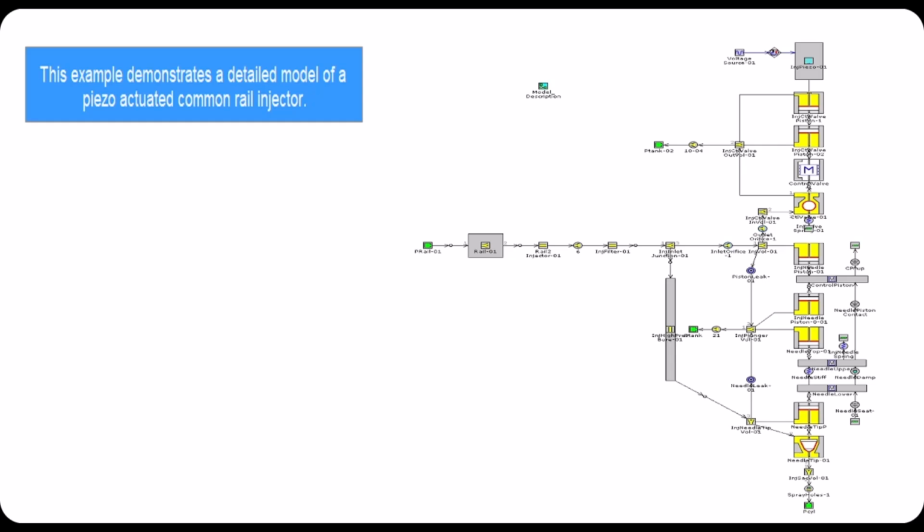Okay, the model accounts for the internal flow passage, mechanics of the needle and control valve, and the hydromechanical interaction. The piezo actuator is modeled using the force piezoelectric template.